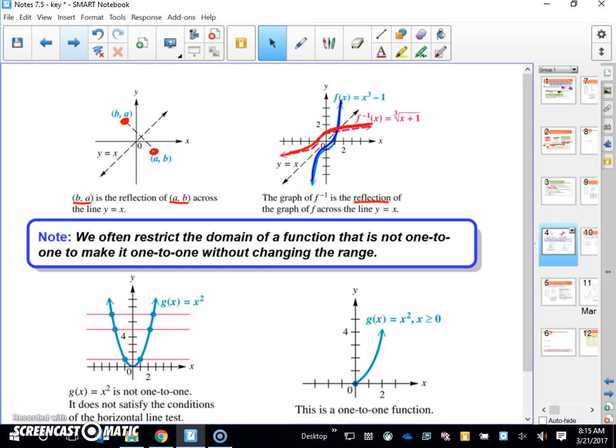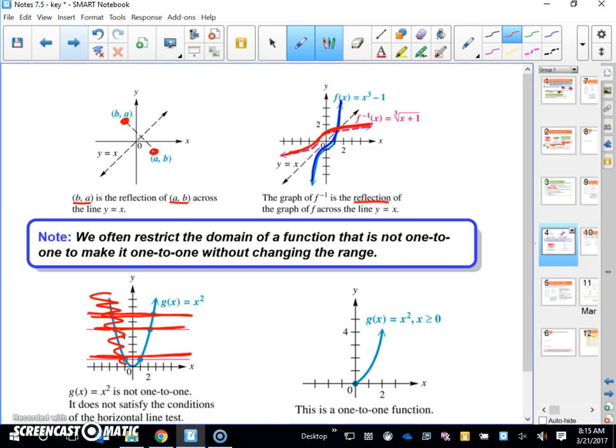Note, we often restrict the domain of a function that is not one-to-one to make it one-to-one without changing the range. So when we look back at a function like this that wasn't one-to-one, this doesn't have an inverse. We can't work with this, so we're going to restrict the domain and basically just blank out part of the graph because we don't want it.